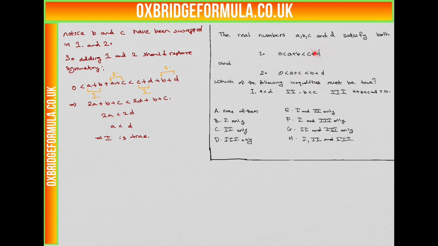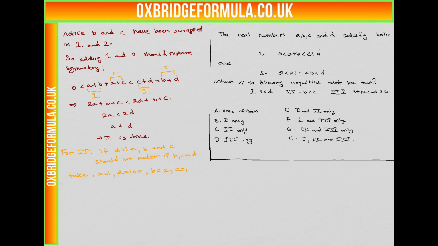If we set d very large and a very small, and choose b and c to be small as well, then the roles of b and c don't really play a role. So we want to pick a d that's much bigger than a, and b and c much less than d, so that they don't really matter.